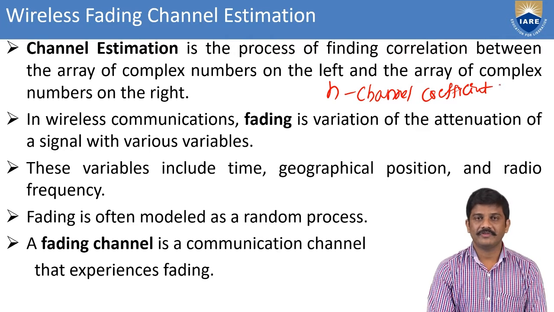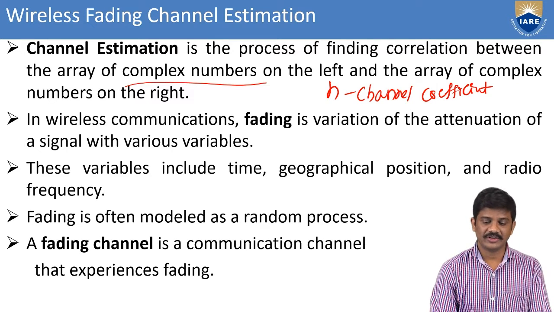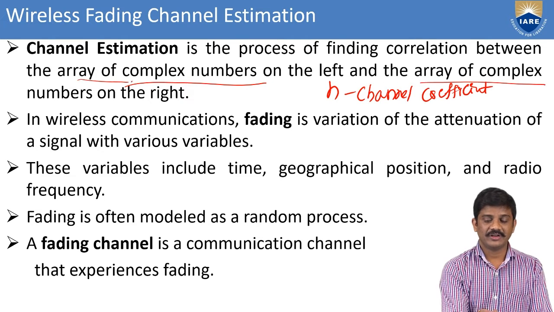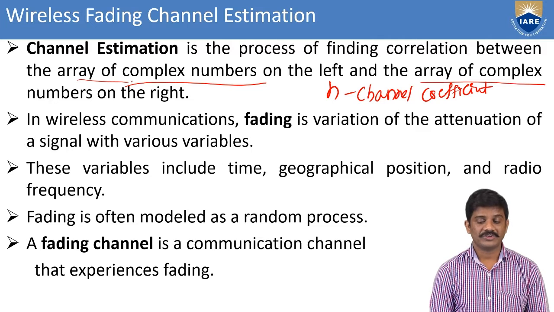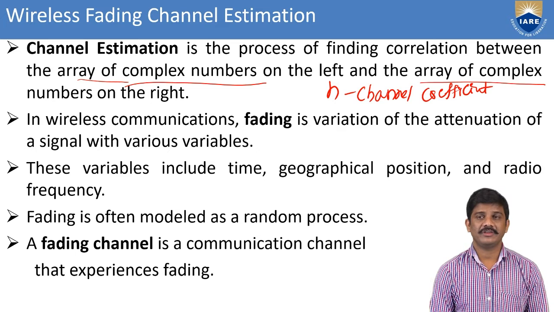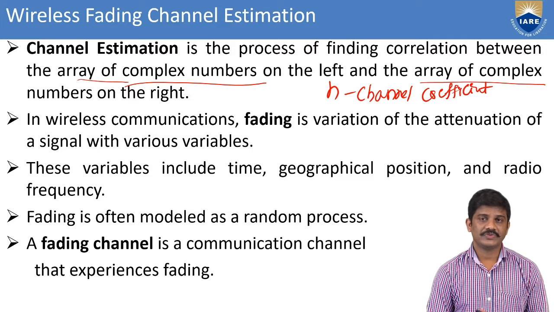We can find that easily through the process of finding the correlation between arrays of complex numbers, on the left side and on the right side. In wireless communication, fading is the variation of the attenuation of the signal with various variables.